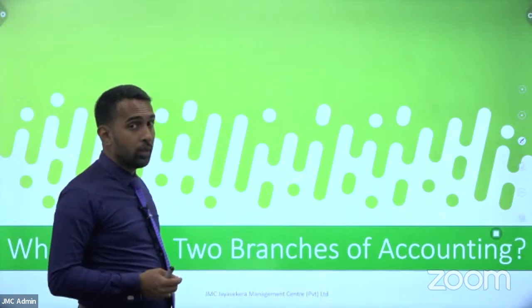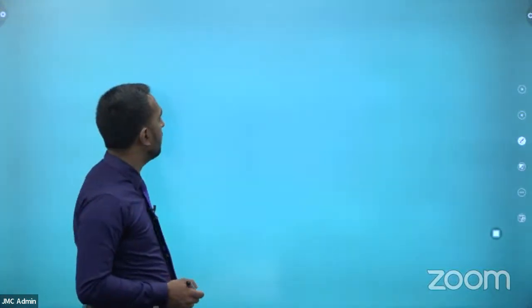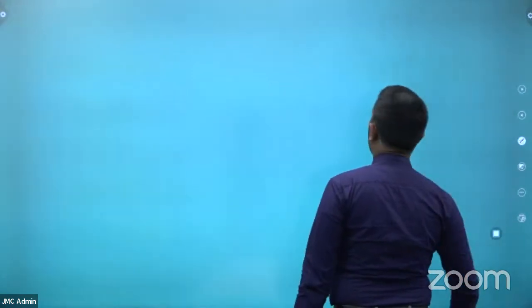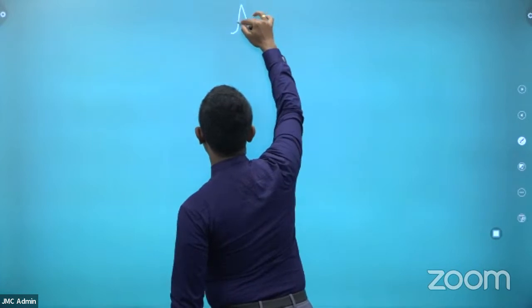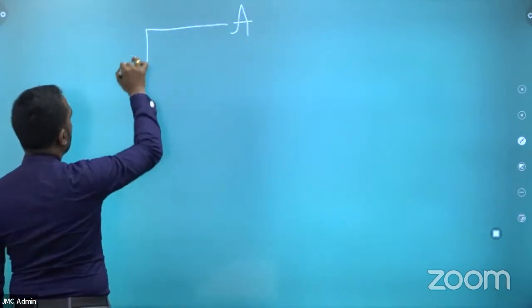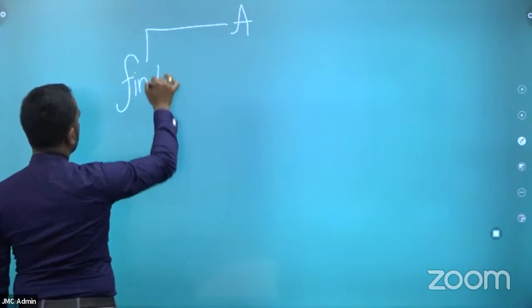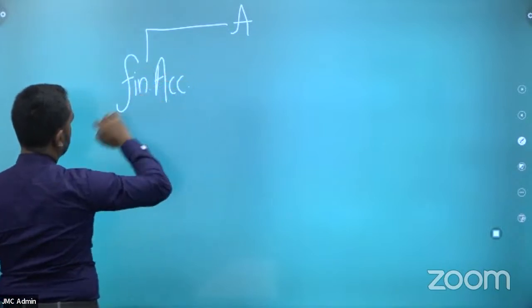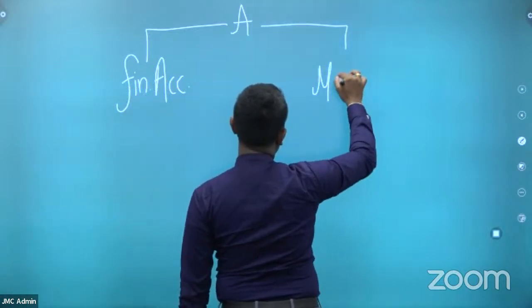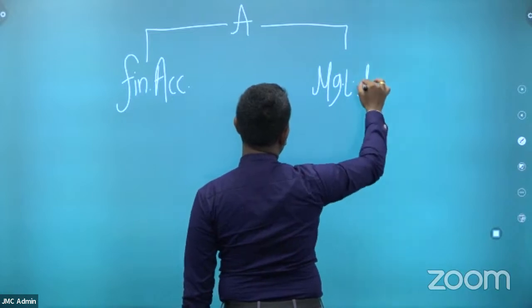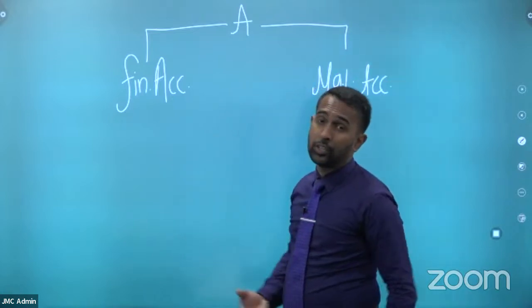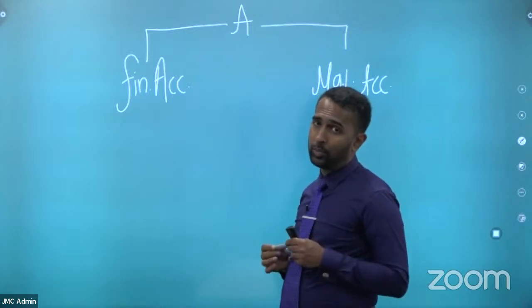The other branch is what we call management accounting, right? So accounting can be mainly divided into two: one is financial accounting and the other one is management accounting.